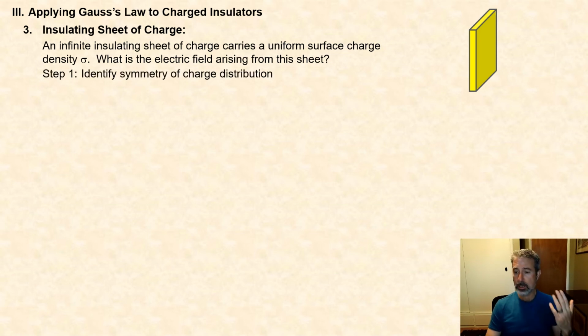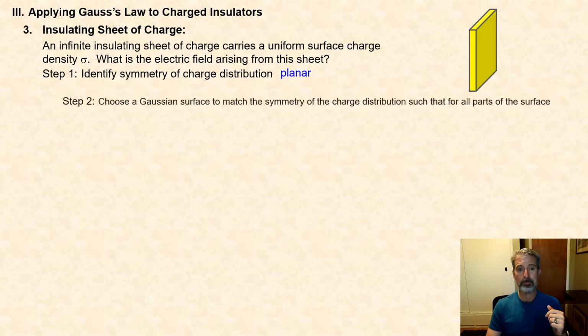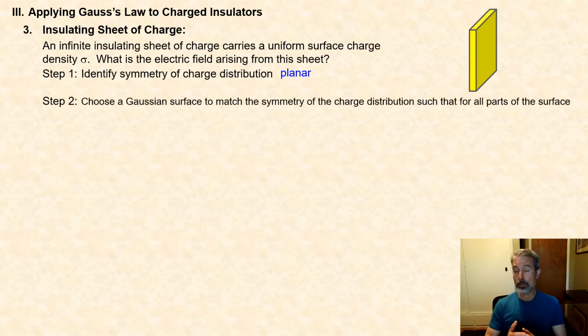And so going through these steps here, identify the symmetry of the charge distribution. Well, it's not spherical, it's not cylindrical. The only other possibility that we said we can apply Gauss's law to is that for a planar charge distribution. And yes, it's a plane of charge. So we're going to choose the Gaussian surface to match the symmetry of the charge distribution such that these two criteria are met.